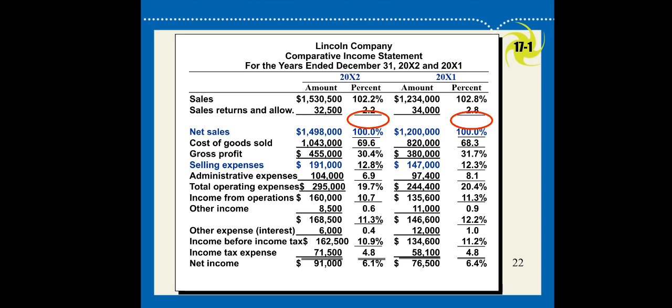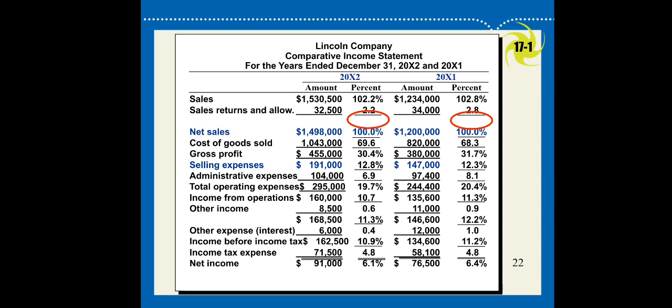In year 2000X1, the profit is 76,500. So if we only see these two numbers, we will say that the business is getting better because the profit is getting higher. But remember, if we want to make a good decision, we have to analyze first. So we do the vertical analysis.